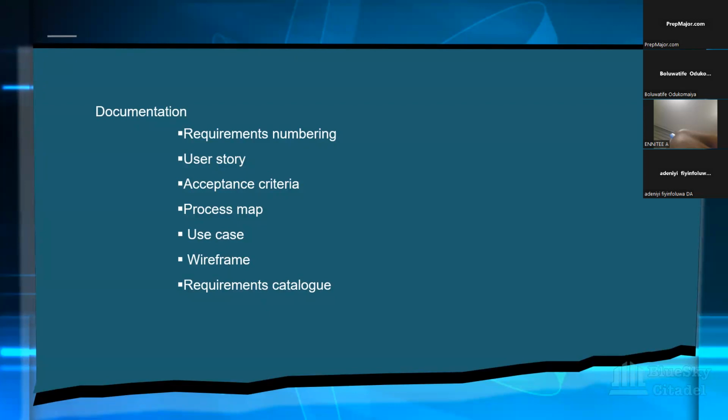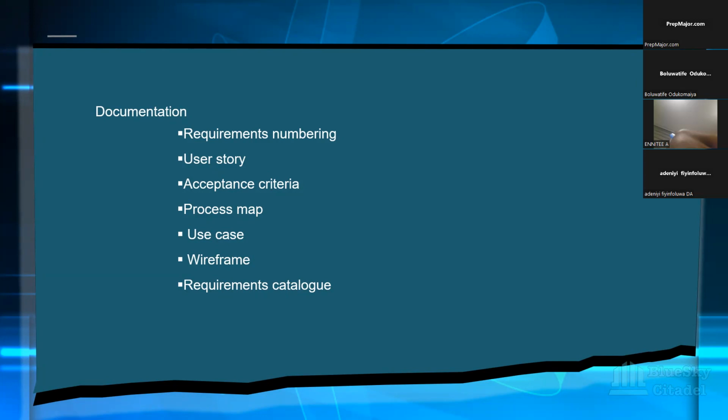So the current process is called as-is and the future process is called to-be. So you map out the current process and then you also map out the future process.